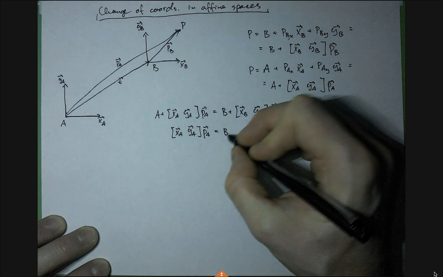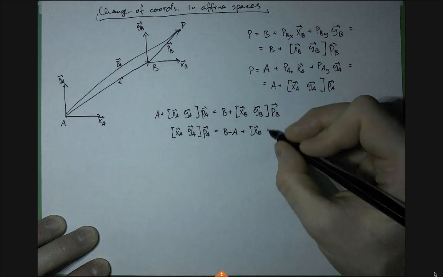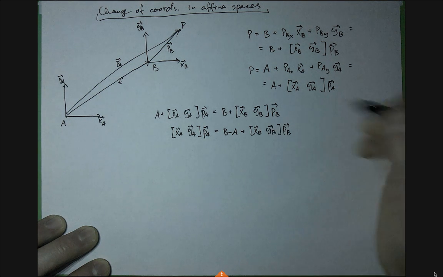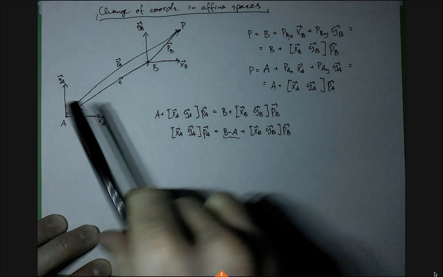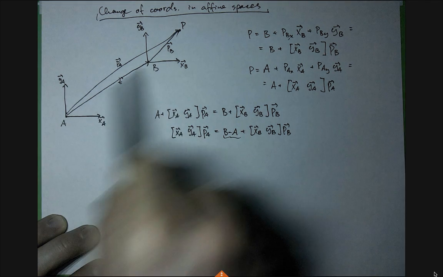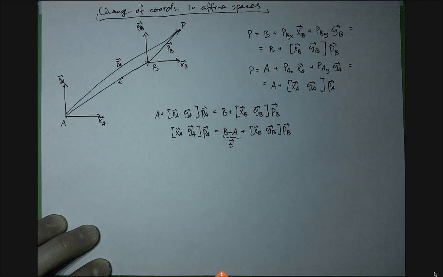So here I will have B minus A plus [XB, YB] PB. What is B minus A? It's a point minus point, so it's a vector, right? What vector is it? It's exactly this T. That's exactly the translation between the coordinate systems. So this is exactly my T vector, okay?